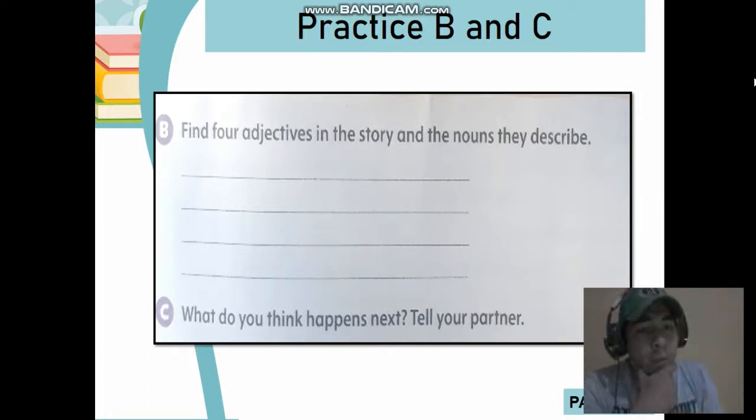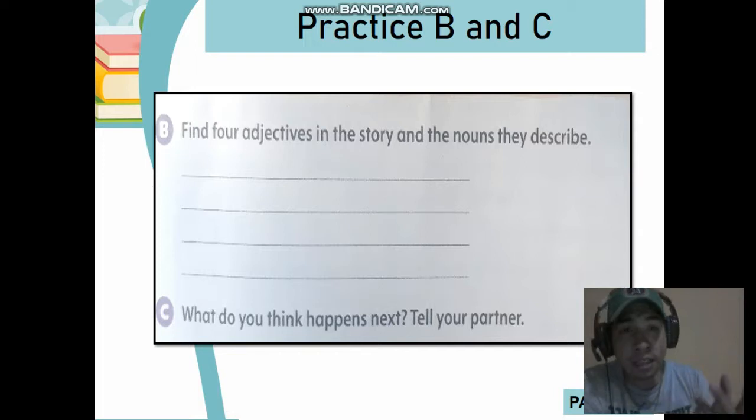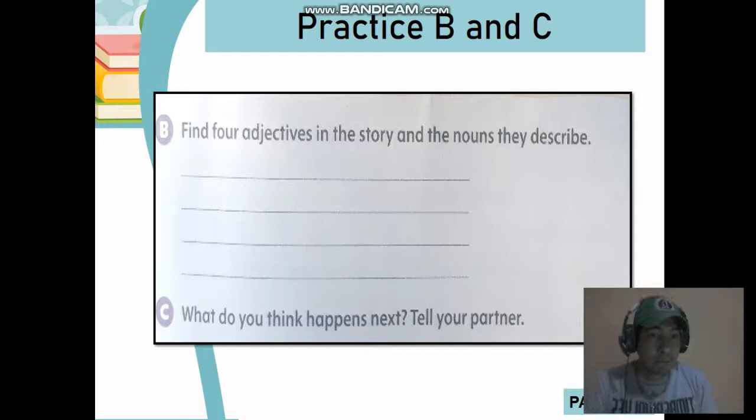Now that we read and heard the story, we're going to do part B that says to find out four adjectives in the story and the nouns they describe. Remember, an adjective is a word that is used to describe something. For instance, let's say, for example, this mouse.